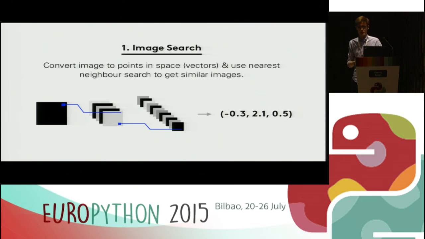And that's a very naive approach, and it's definitely not going to work. But it illustrates the principle that after transforming the image into a numerical representation, you've got a point. In this case, you've got a point in a 3D space, and that's nearest neighbor search. If you want to find similar images to the image the user has just given us, we look up other images, other points which are close in that space. So that is nearest neighbor search.